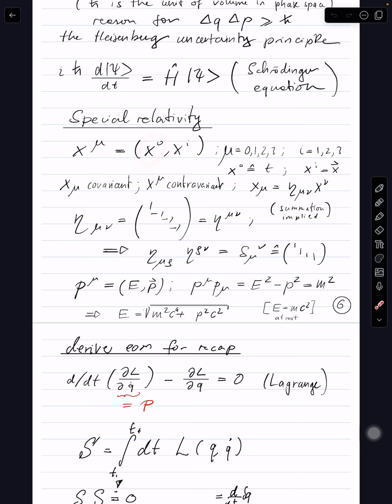We typically denote this time with the zero component, and the three components for space, x1, x2, x3. Often the indices i, j, which are reserved for spatial indices, are replaced by Greek letters like mu and nu for the space-time indices 0, 1, 2, 3.